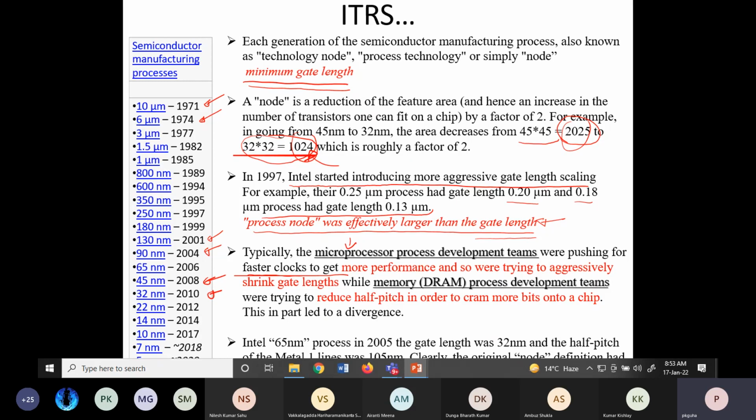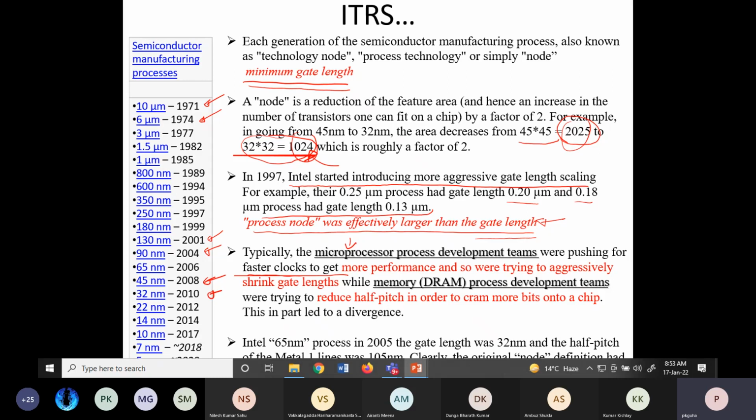While there was another group, which is the memory based group. Memory has been a huge industry because we need memory in all our devices. Memory developers want different things. They want the metal lines to be as narrow, and their separation as narrow as possible. Why?